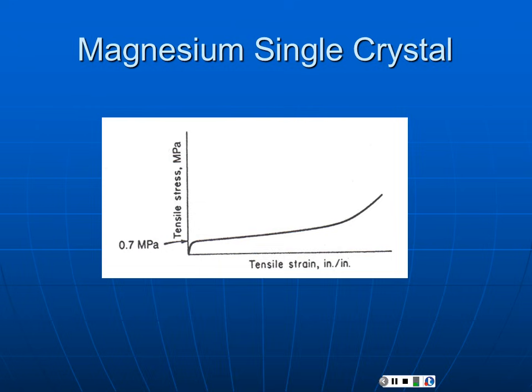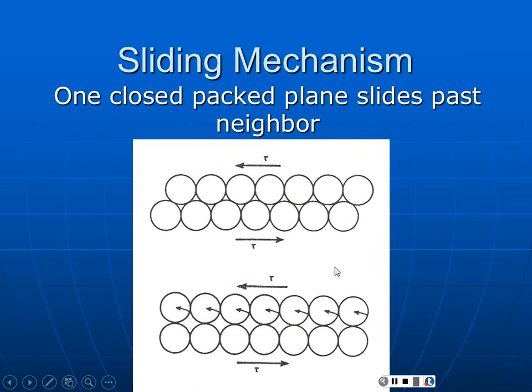So it appears we have close-packed planes of atoms sliding past each other. Atoms are nested, they're pushed up to the saddle position, and then they drop down into the next spot, and that produces a slip step.